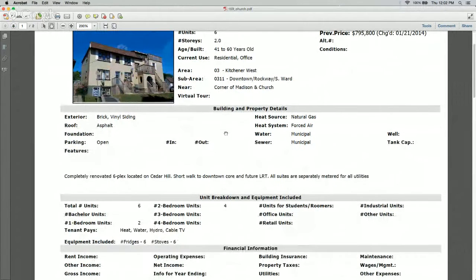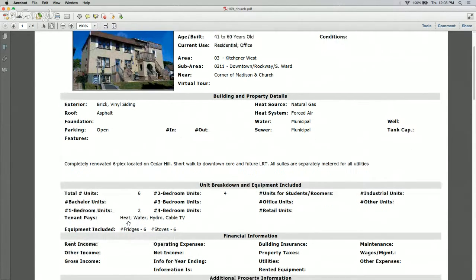There's not really much I look for on a listing other than the price, a couple pictures, if anything, and the total number of units, here 6. Then I typically look for a unit breakdown, meaning how many 1-bedrooms, 2-bedrooms, and 3-bedrooms. In this particular building, we have 4 2-bedrooms and 2 1-bedrooms.